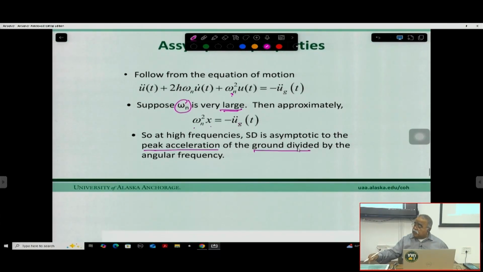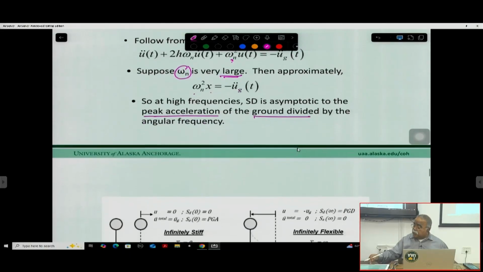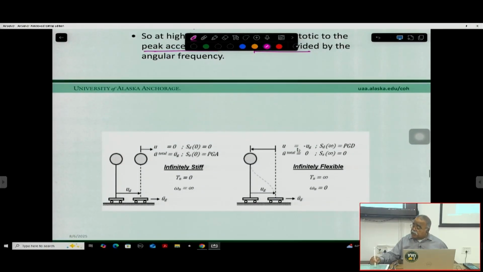So at high frequency, this will be like this. If it is a very stiff structure, it will not move at all. If you give a ground acceleration ug double dot, the structure will move the same as the ground, because the structure is very stiff and the ground is not able to move it relative to the ground.